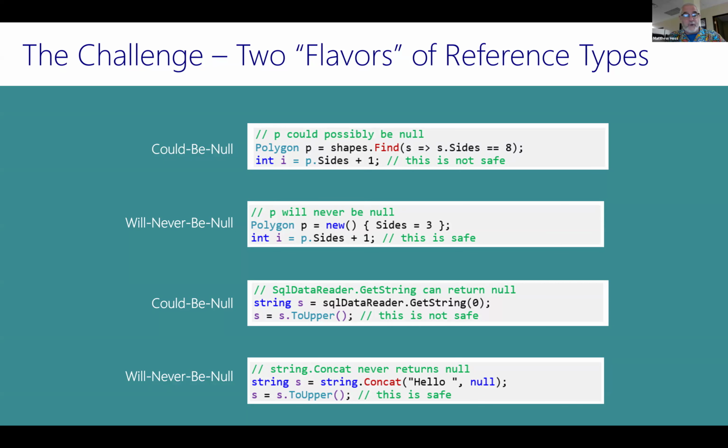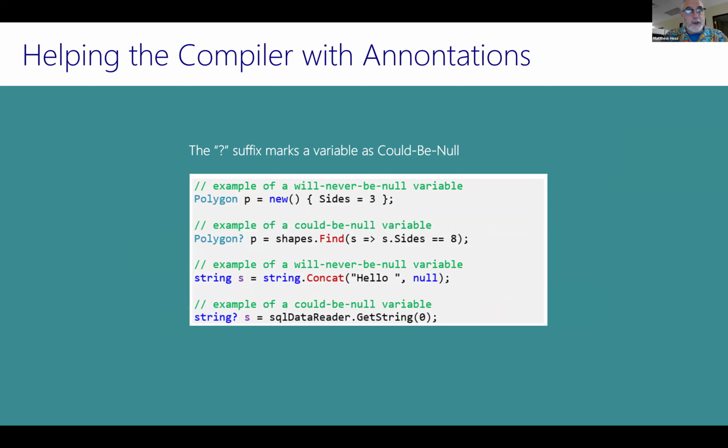So with nullable reference types, they kind of changed the stance here and said, okay, we're actually going to try to provide some compiler assistance. And in order to solve this ambiguity between could-be-null and will-never-be-null, we're going to give you a tool called annotations.